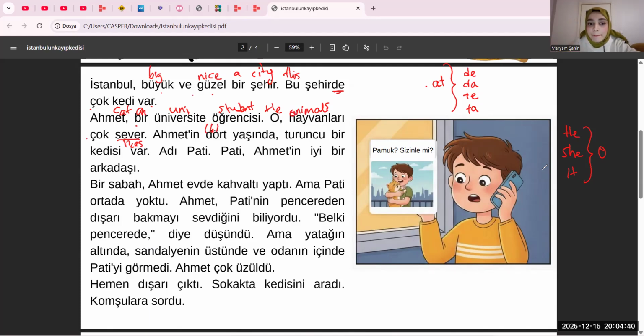Ahmet'in 4. 4 is a number, but which number do you feel it is? Do you know the numbers? Either you know or you don't. We're going to count now. 0, 1, 2, 3, 4, 5, 6, 7, 8, 9, 10.